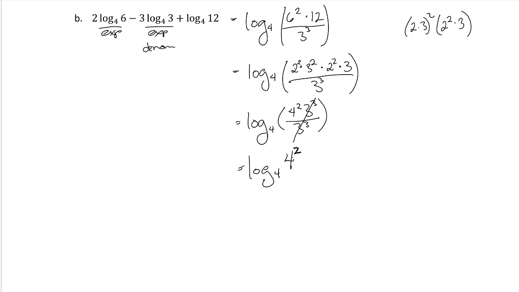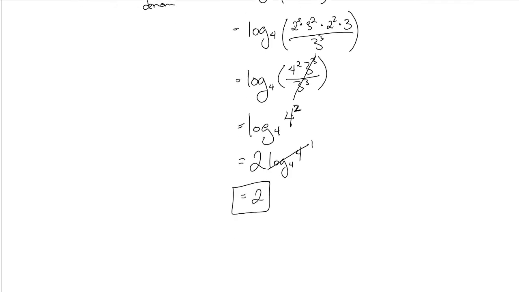And I can do one of two things. I can bring that exponent out, or I can just recognize this from my last lesson, that when I have a power with a common base to my log, the value is just the exponent. Or I can bring out that 2, and I know that log base 4 of 4 is 1, just like I knew that this was 1. So my final answer would be 2. Either strategy would work for this part.